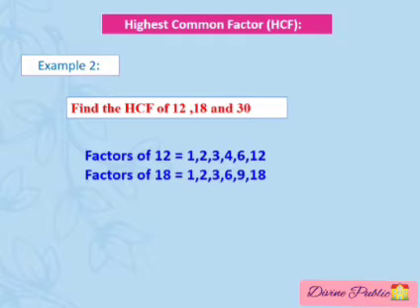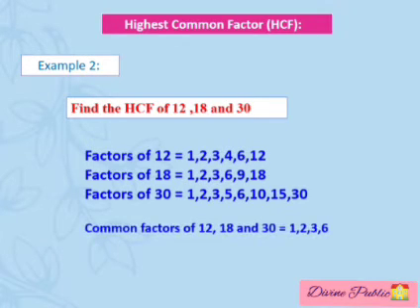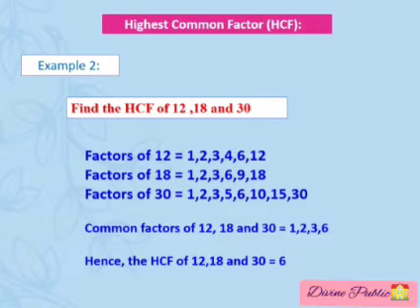Factors of 18 equal to 1, 2, 3, 6, 9 and 18 and factors of 30 equal to 1, 2, 3, 5, 6, 10, 15 and 30. Then common factors of 12, 18 and 30 are 1, 2, 3 and 6. Hence, the HCF of 12, 18 and 30 is equal to 6.